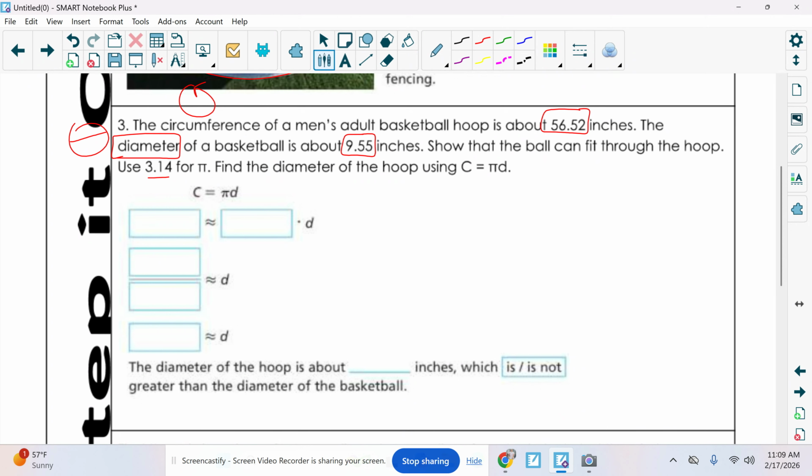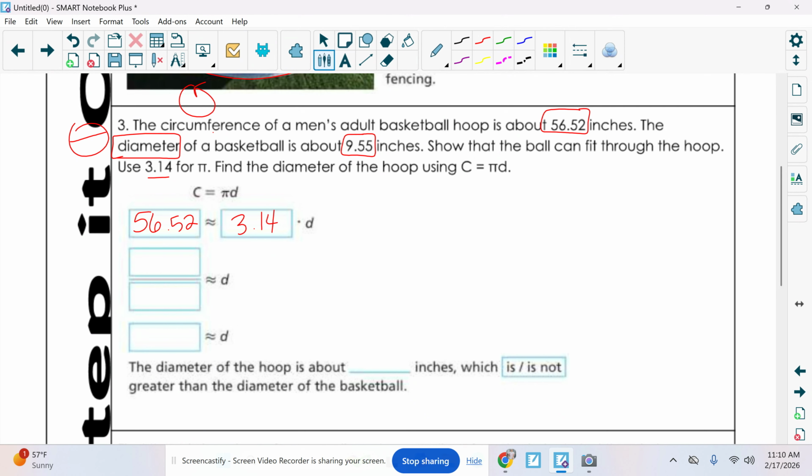Alright, so we fill in the information that we have. We know that the circumference is what? 56.52. So we substitute it. We know what we want to use for pi.